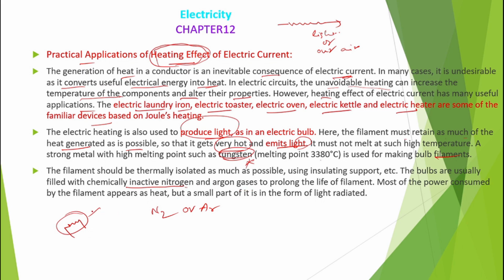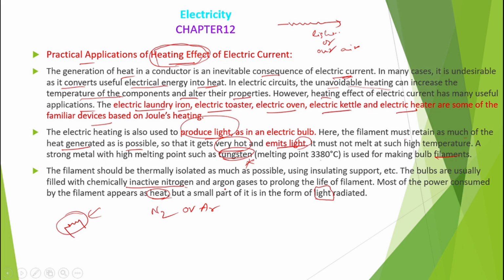Most of the power consumed by the filament appears as heat, but a small part of it is in the form of light. Actually, we want light, but part of that current energy is converted into heat energy.